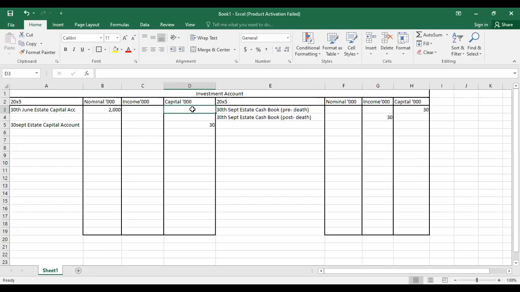Which is the actual figure as at the time of death of the testator? The examiner has told us that the stock had been quoted at a low of 94 and a high of 96.